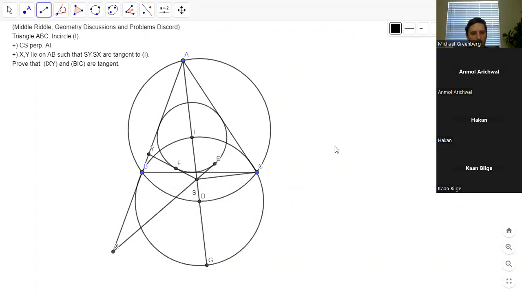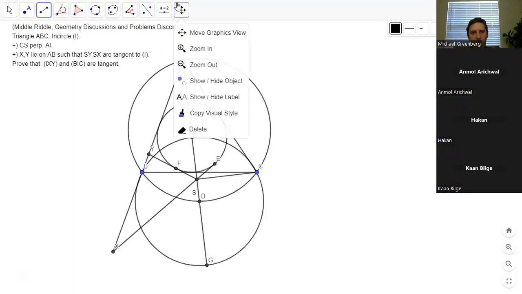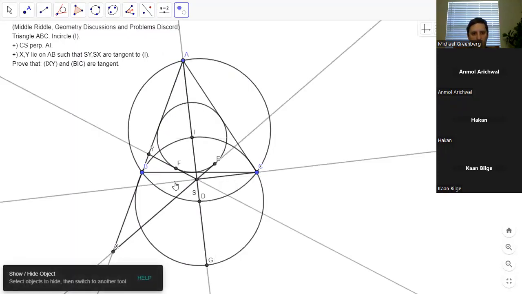All right. So this is harmonic, SF, SE, SC, SA. So we could take that and project onto AB. So actually, maybe I'm going to want to unhide this.